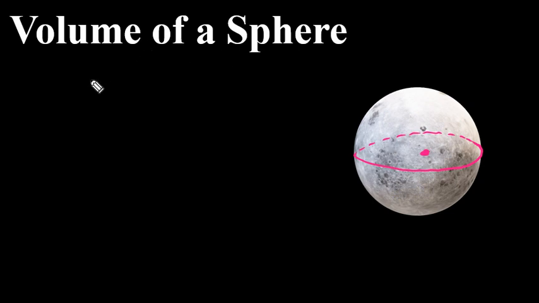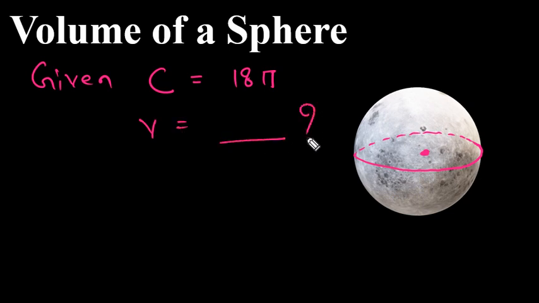Now the great circle circumference is given as 18 pi. And now you will have to find the volume. So how will you do it?